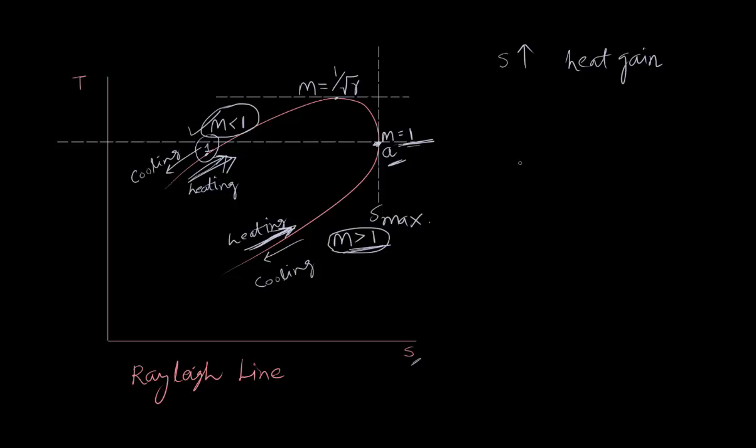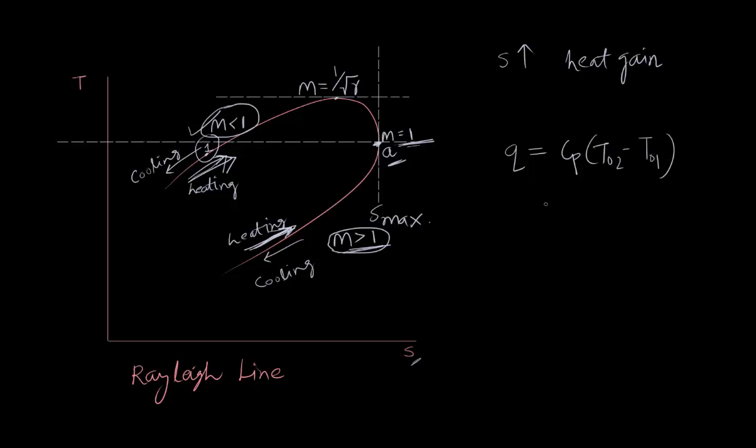And the fourth observation we can make is that from the energy equation we can write Q equals Cp times (T02 minus T01).